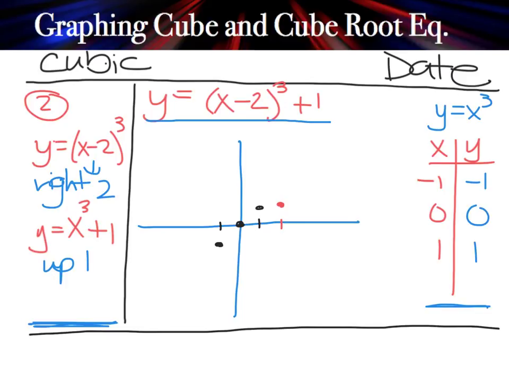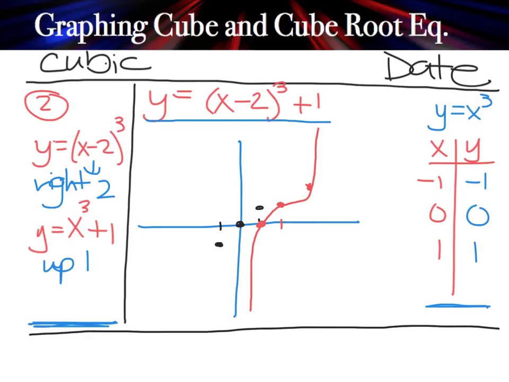So this one's going to be right 2, up 1, right here, and this one's going to be right 2, up 1. Okay, and so now I'm going to just draw my graph, remembering that the graph goes up and then to the right. Okay, so there's our graph with translation.